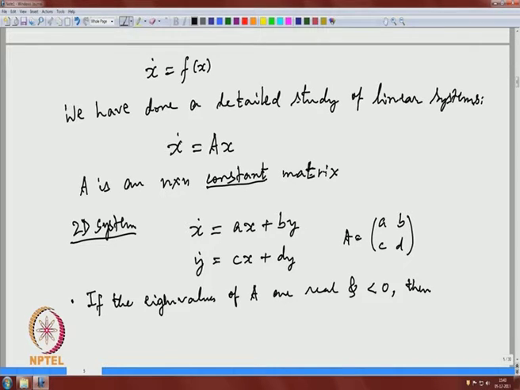In case we are assuming eigenvalues are both negative, so they are non-zero. So, A is a non-singular matrix, 0 is the only equilibrium and 0 is asymptotically stable.